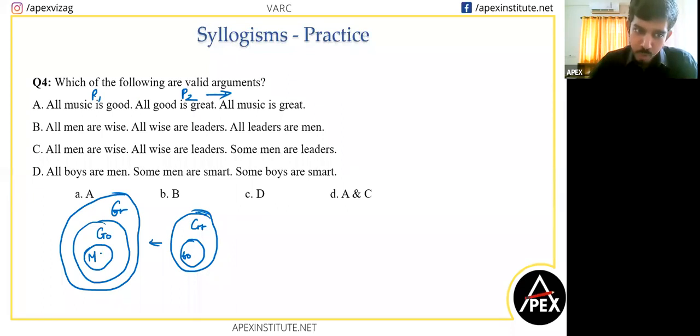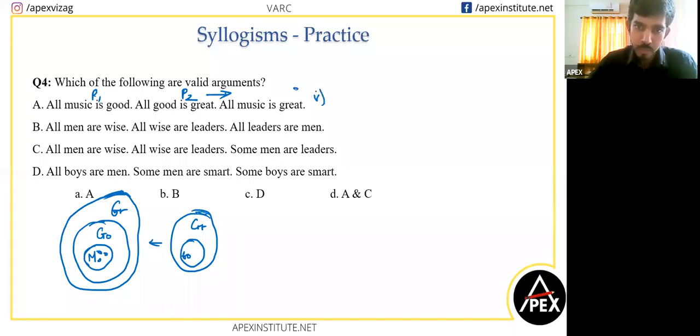Yes. If music is inside the circle for good, which is inside the circle for great, then automatically all the elements in this smallest circle have to be inside the largest circle, right? So effectively, all music is also great. If all music is good and all good is great, then all music becomes great.